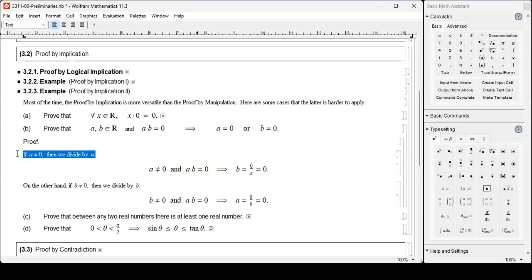So we have explanations here, the circumstances, and also logical implication. They're mixed up, and they're all working together to present a proof. You see, proof by logical implication is more versatile, and not coincidentally, they can be a little bit more complicated and rough.